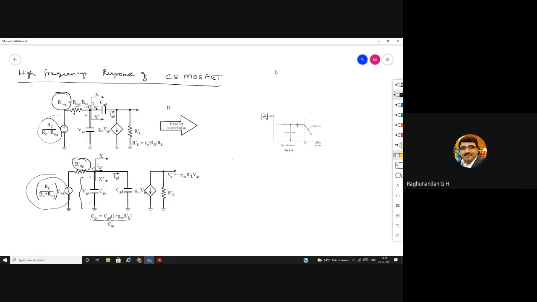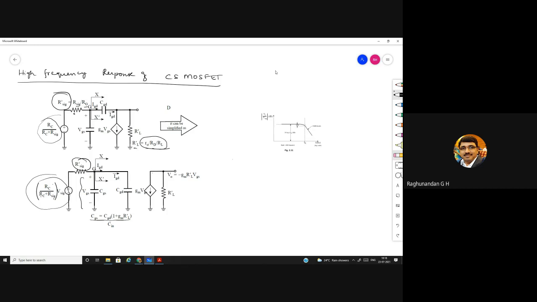From the earlier circuit, we are having the source which is grounded. So we can connect this gate to drain capacitance to ground, and after that we can have the current source connected between the drain and the source which is grounded. So this will be the simplified circuit, and RL dash will be the effect of R naught, RD, and RL.